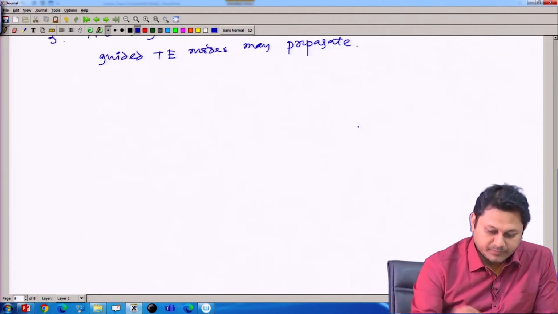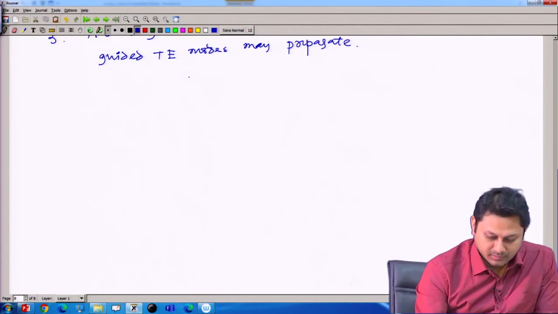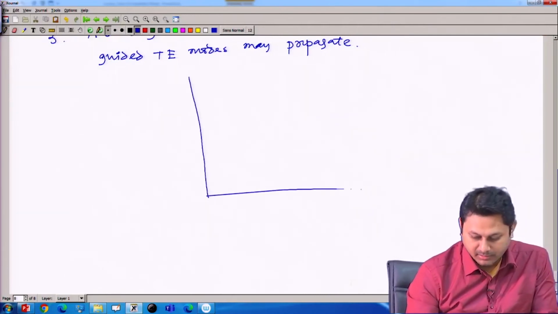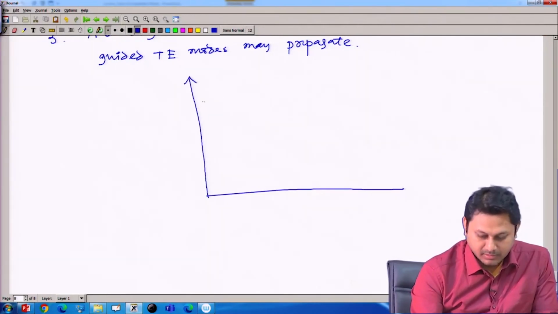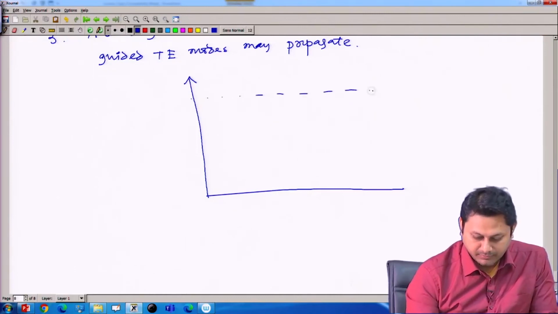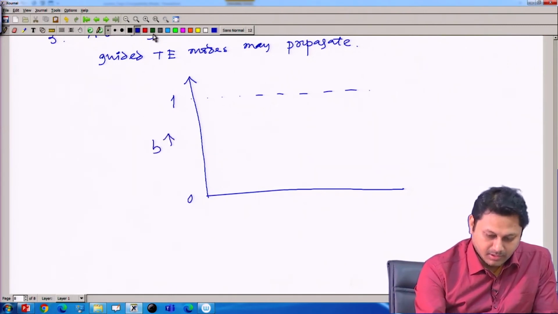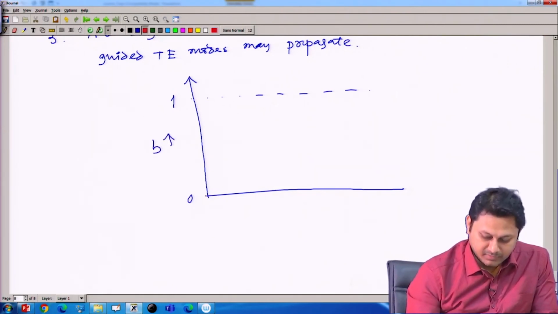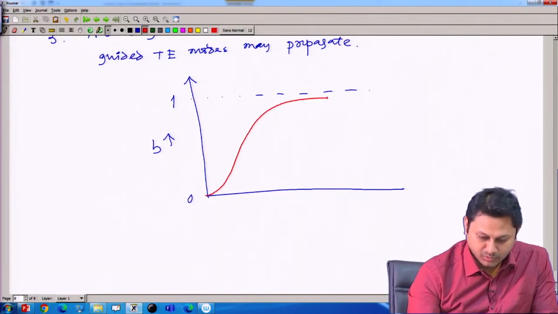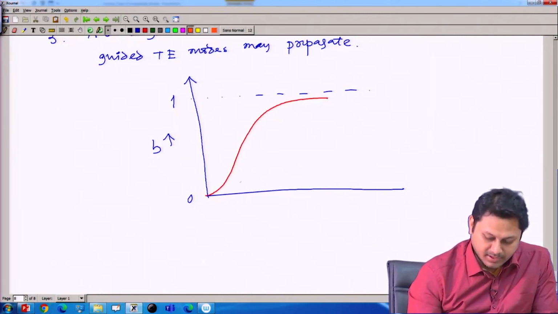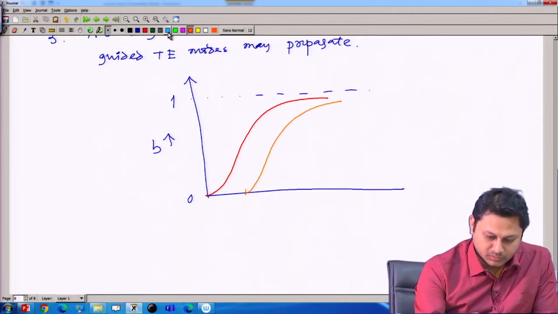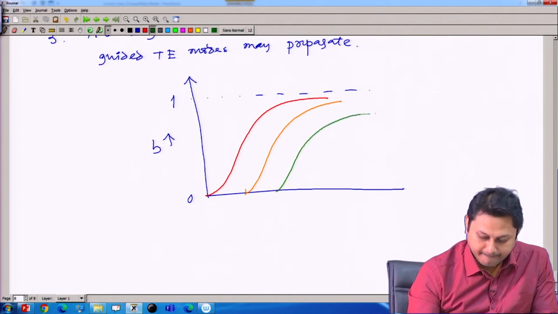So, this is quite easy to understand. In the figure, this is 1, this is 0, this is B, and I have these modes and so on.